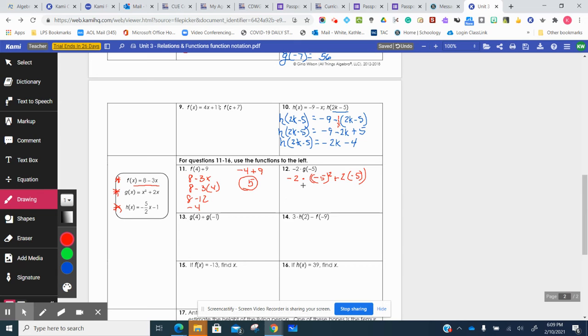All right, now that might look a little bulky or a little funny, but it's going to be okay. I still have negative 2 here times. Now, negative 5 squared is going to give me 25. This is going to be a negative, so I'm going to say minus 10. And now I'm going to have negative 2 times 15, which should end up being negative 30. I love these. These are kind of funky, right?